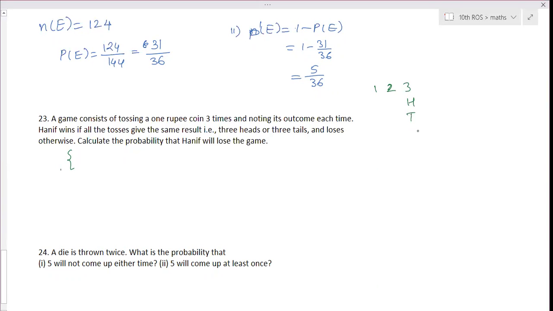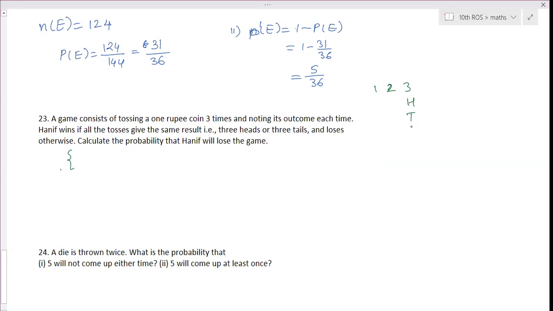Ma'am, I didn't understand. With 3 coins, there are 8 possibilities. I told you how to remember those 8 outcomes. Only these 3 parts I've told you, one sequence. What are those?